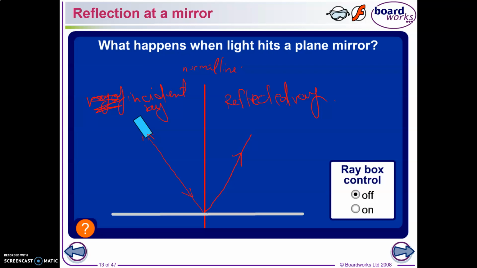So the incident ray is the ray that hits the surface of the mirror, and the reflected ray is the ray that bounces off the surface of the mirror. The incident ray makes an angle. We will call that I, the angle of incidence, and this is another angle, we will call it R, the angle of reflection.